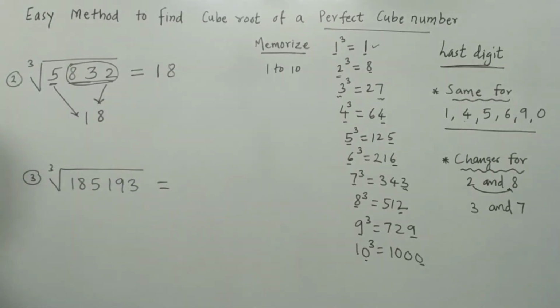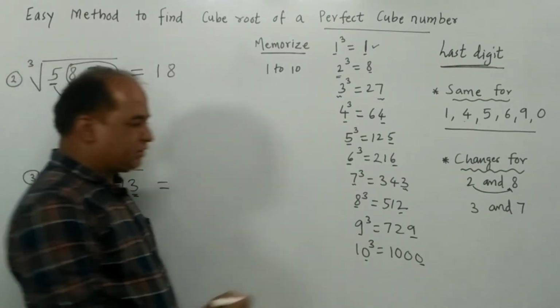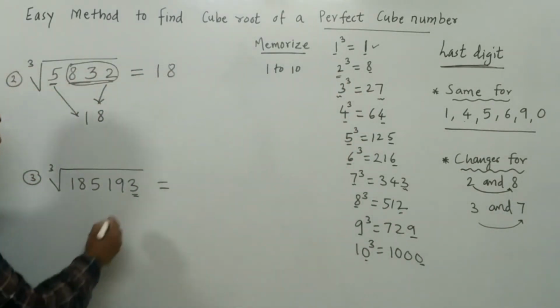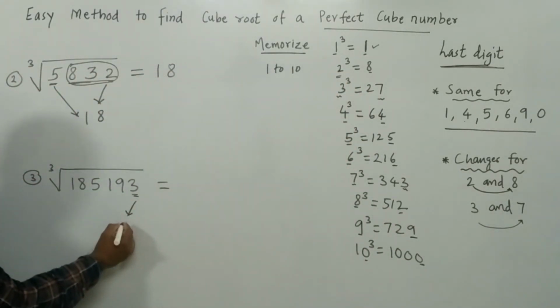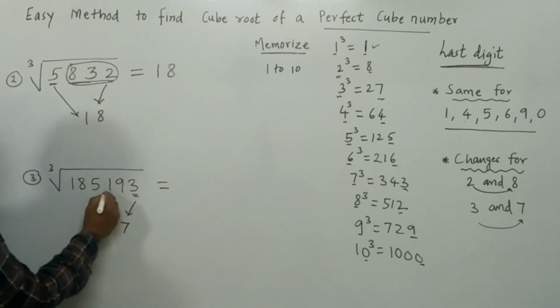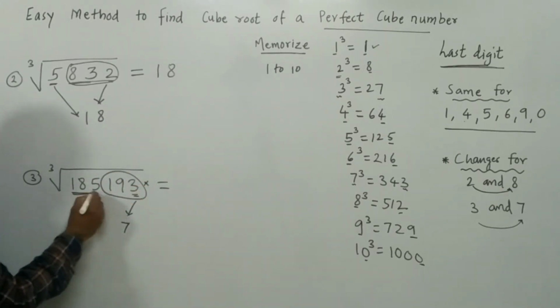Third example. Here the last digit of this number is 3, and 3 changes to 7. So the number at the unit place will be 7 for the perfect cube number 185193. Now ignore the last 3 digits and see the remaining digits.